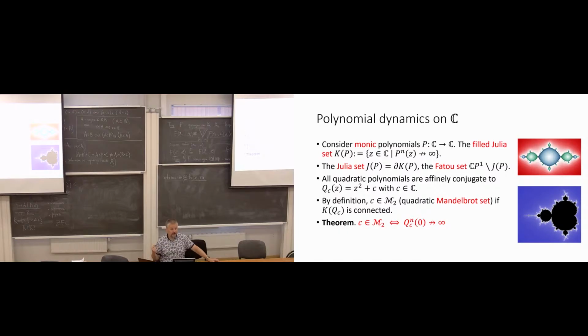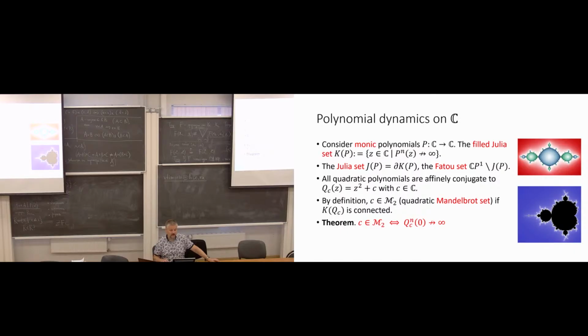Okay? Now you can always change coordinates to make a polynomial monic, that is, to make the highest coefficient equal 1. So it starts with z to the n plus lower order terms.